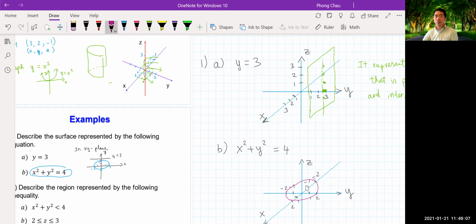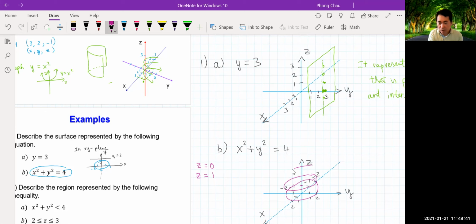Again, it should be a circle, right? So it's a circle in the xy plane. Now, there's no z. What it means is when you have z equals 0 in the xy plane, you have a circle. That's what I just drew. When z equals 1, you still have a circle in the plane z equals 1, another one on the top, 1 unit above.